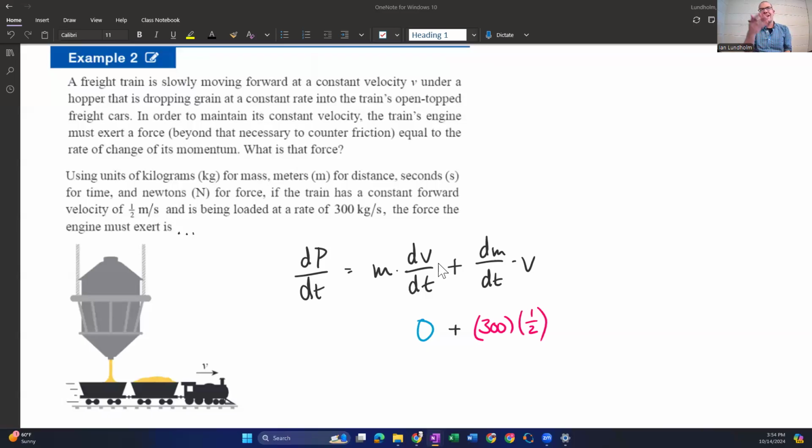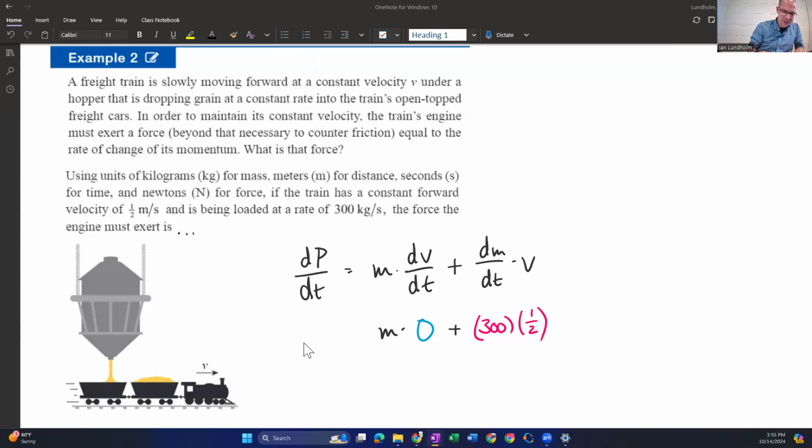It's kind of weird. And yes, it would be very challenging to make this kind of thing actually happen in real life, to be able to keep it at a constant speed by continually applying a certain amount of force. But the mass of the train doesn't really matter.